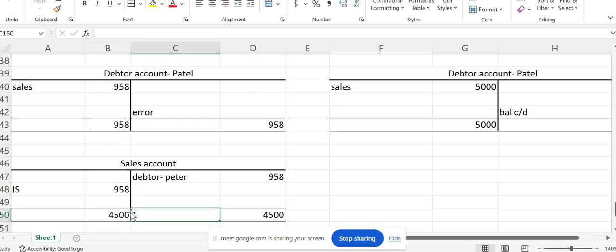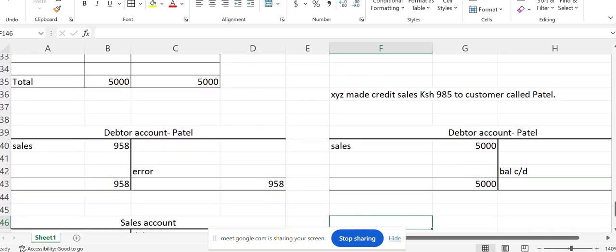So the total here will be 958. Now later on, you realize, oh, I made some error here, or maybe there's another transaction.